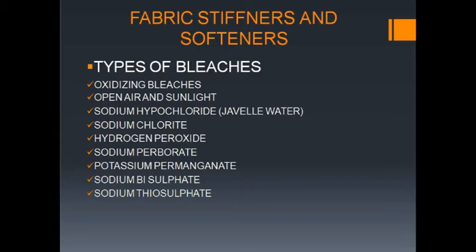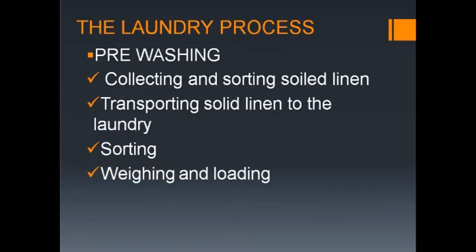One is the oxidizing bleaches, another is open air and sunlight. Javel water, also known as sodium hypochlorite, is also a kind of chloride. Hydrogen peroxide, sodium perborate, potassium permanganate, sodium bisulfate, and sodium thiosulfate are some types of bleaches used in the laundry area.